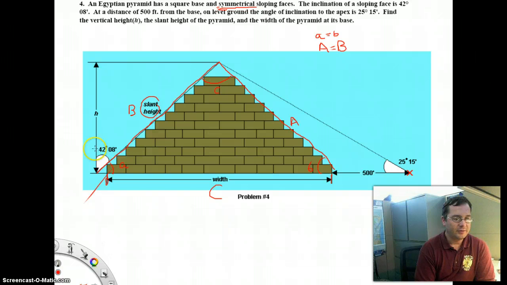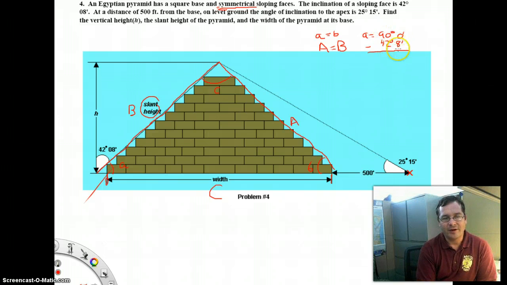Now, if we think about trying to calculate angle A, angle A has a complement, which is 42 degrees 8 minutes. So we know that angle A equals 90 degrees 0 minutes minus 42 degrees 8 minutes. The problem is you have to do borrowing here.